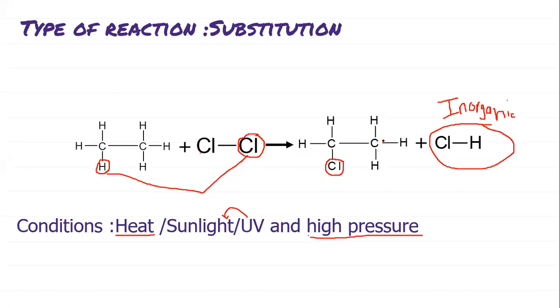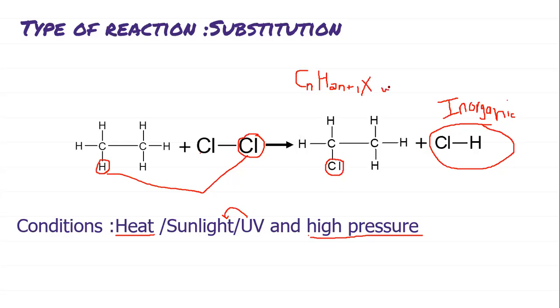So when it belongs to the homologous series haloalkanes, you can then tell me that the general formula of haloalkanes is CnH2n+1X, right?